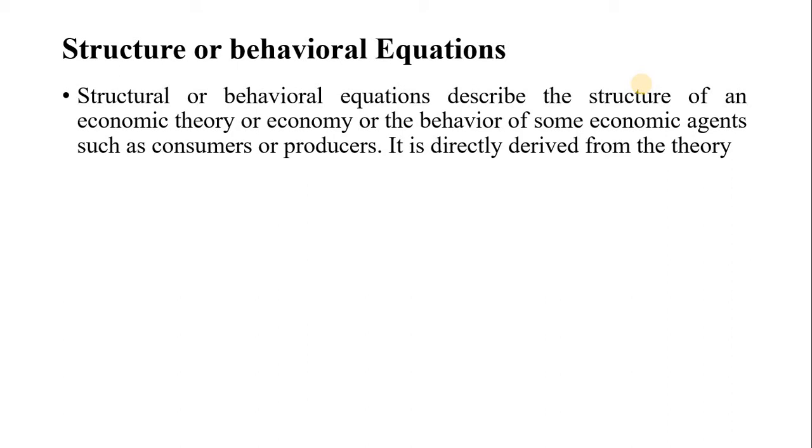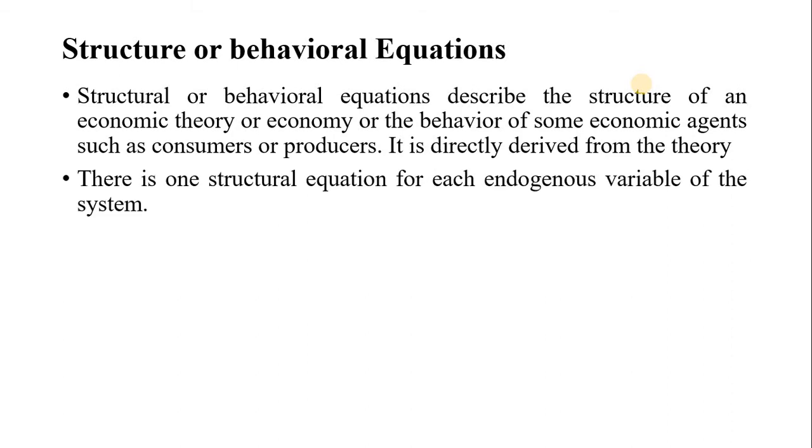This equation is basically derived from theory. For example, suppose consumption Ct is equal to beta 0 plus beta 1 Yt plus ut. This is a structural equation because it describes the structure of an economic theory called the consumption hypothesis, or Keynesian consumption theory.